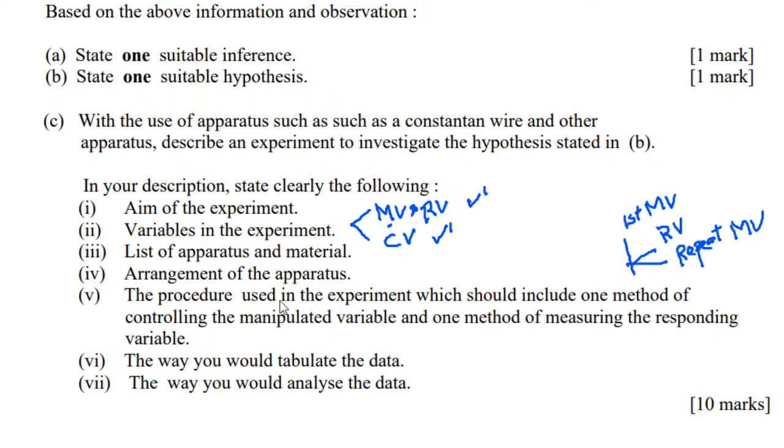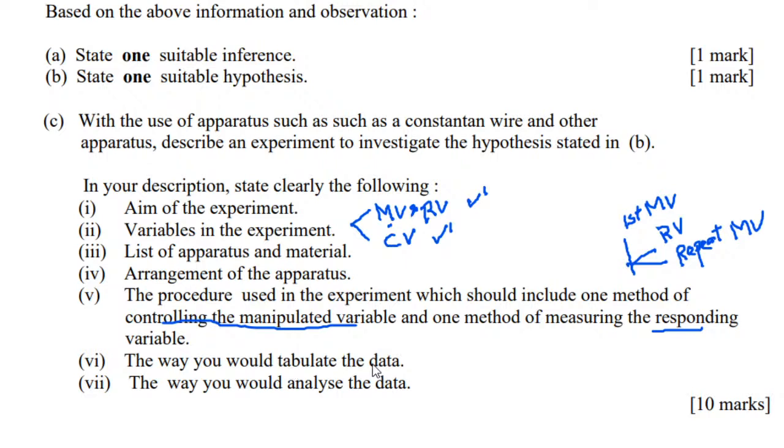Now see, the procedure used in the experiment should include one method of controlling the manipulated variable. So the first mark is the manipulated variable, and then the repeat value. That is how you control the MV, these two. And then the method of measuring the responding variable is 1 mark. So the procedure will be 3 marks.